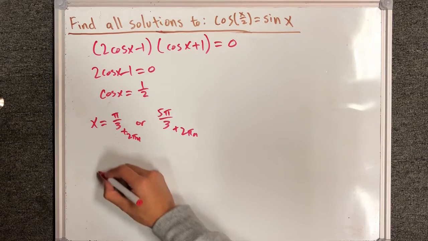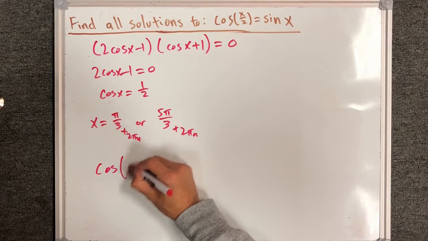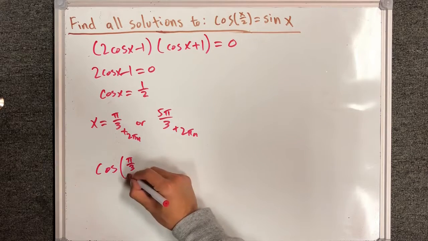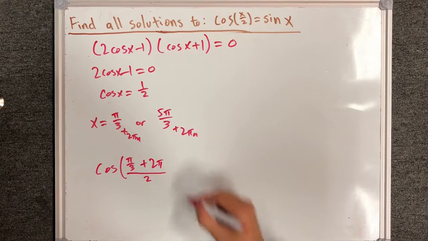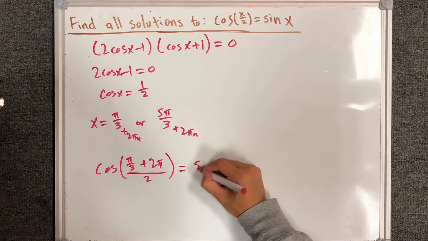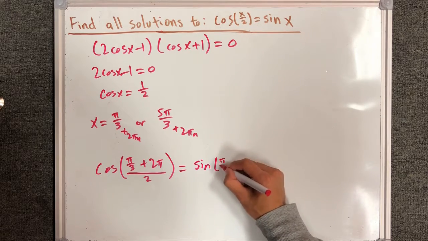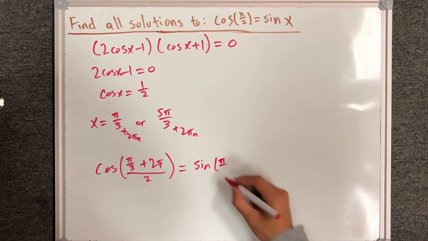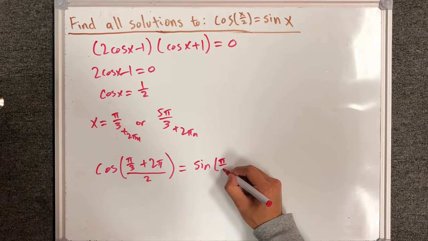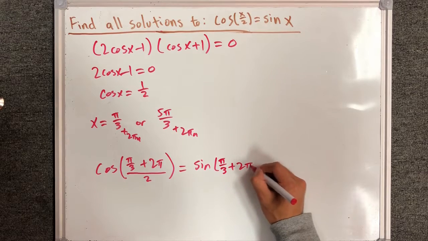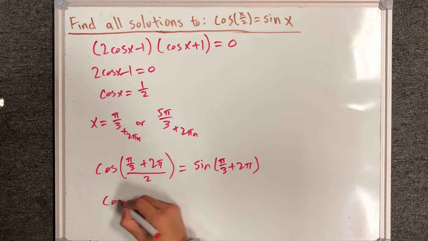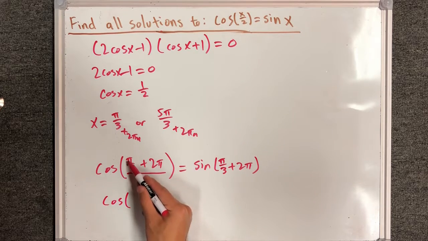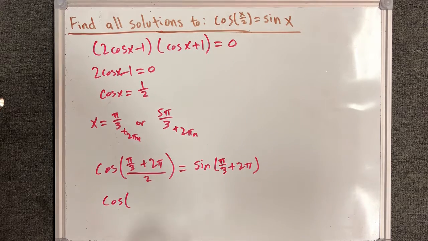So now if I have cosine of (pi over 3) over 2, and I added 2 pi to this thing, this should be equal to sine of pi over 3 plus 2 pi. If we calculate this out, this will be cosine of (pi over 3) over 2, which is pi over 6, plus 2 pi over 2, which is pi.